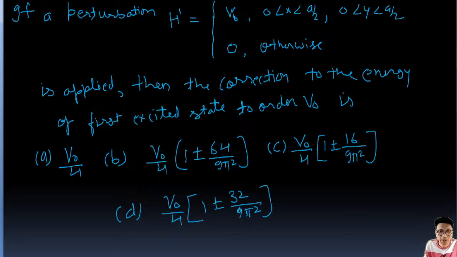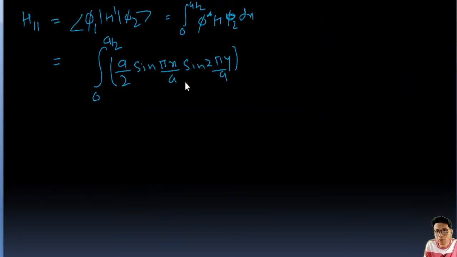H dash is given, right? So now we'll write the value of H dash. H dash is given, that is V naught, for x and y between 0 to a by 2, else it is 0. This is a double integration 0 to a by 2, 0 to a by 2. You understood this, guys.